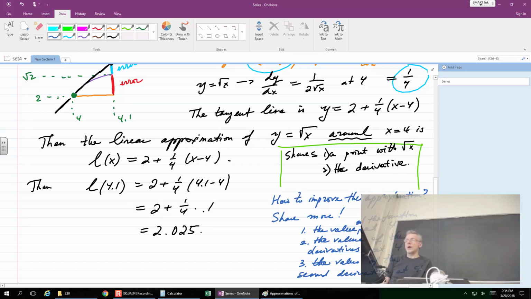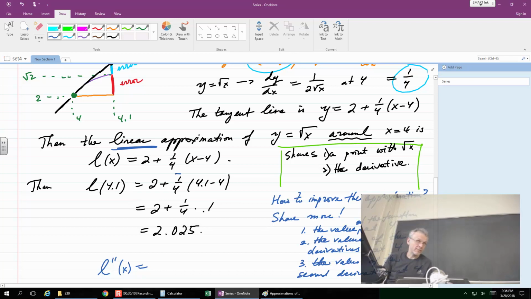So we want to also share the value of the second derivative. Okay, so then what is going to be the approximation? If you think about it, it's not going to work this way anymore, because what we have done best is a linear approximation, and it is a linear function to begin with. What's the second derivative of a linear function? L double prime of x. What is it? The formula is right here. What's the derivative of a linear function?